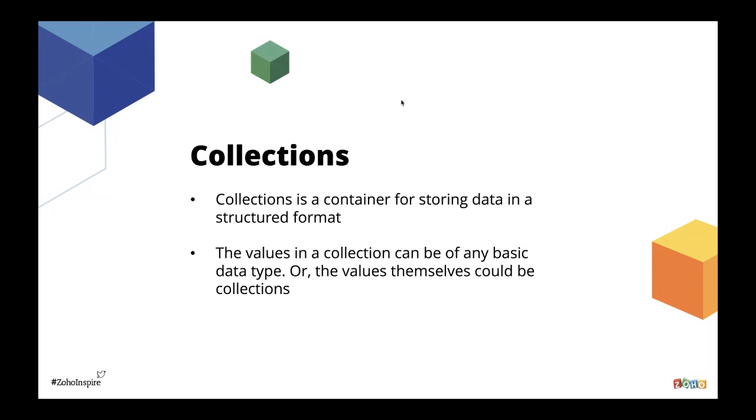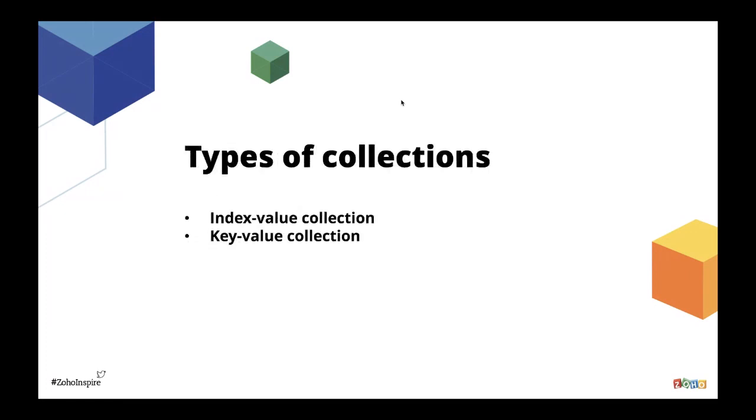A collection data type can be considered as a list or as a map, and there are two types of collections depending upon the way the data is stored and retrieved. One is the index value collection, and the other is the key value collection.